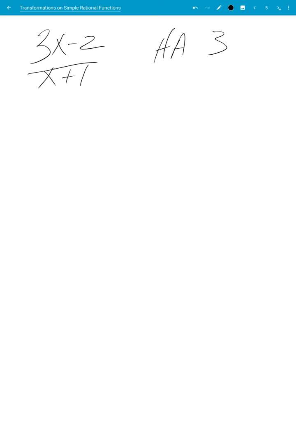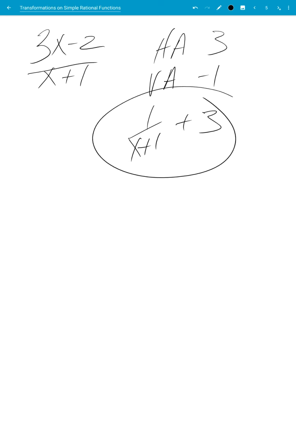So that's been shifted up. That's a vertical translation up. And then, of course, here my vertical asymptote has gone over here to negative 1. But there's a stretch factor. I could go ahead and rewrite this thing this way, but then it wouldn't be equal. If I were to just go and say, okay, well, that's 1 over x plus 1 plus 3, this will not give me this because I'm missing the scale factor.